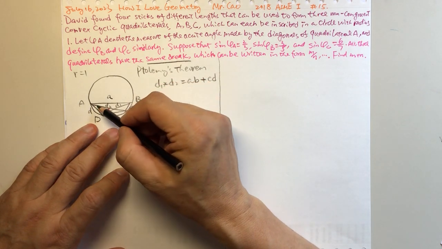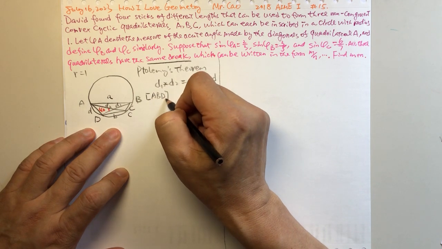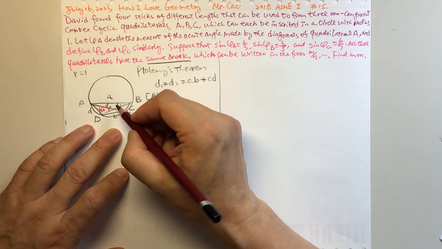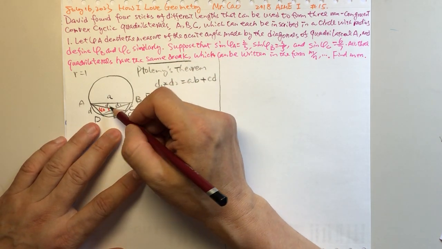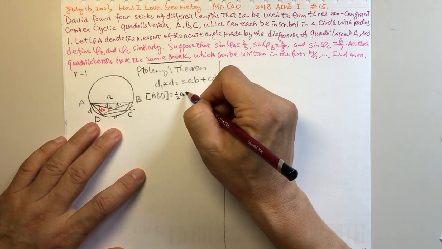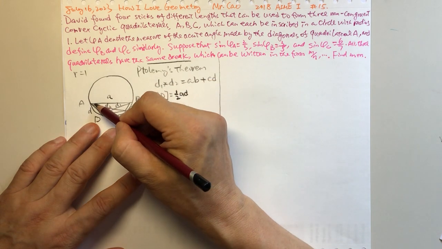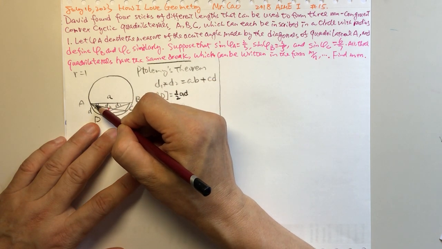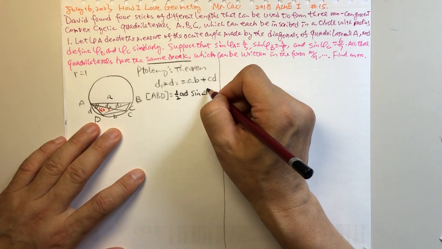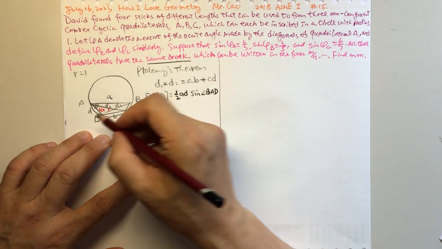First, we can get the area of ABD, right? According to the sine law, we can use 1/2 times A times D, 1/2 times A times D and times the sine of angle BAD, right?